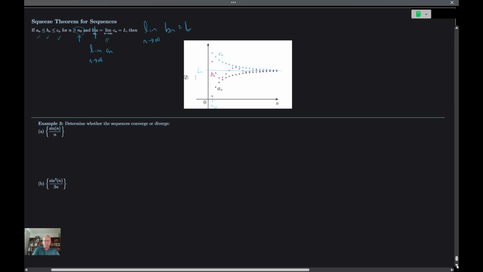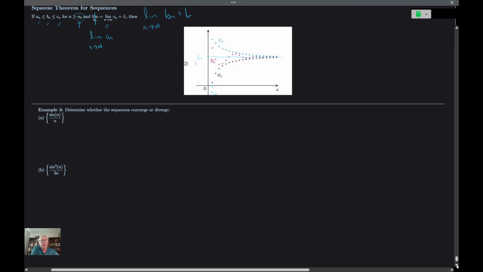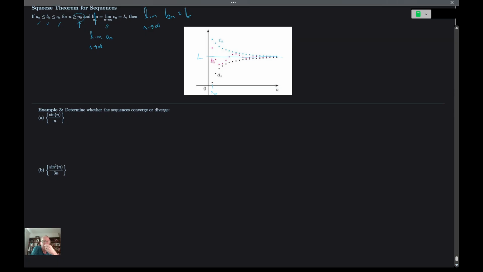So that's the idea. Now, what does that look like? Well, determine whether the sequences converge or diverge. A lot of times, especially in this Calculus 2 class, we're going to be using the squeeze theorem with sine and cosine. The reason is that we know sine and cosine are always between -1 and 1.